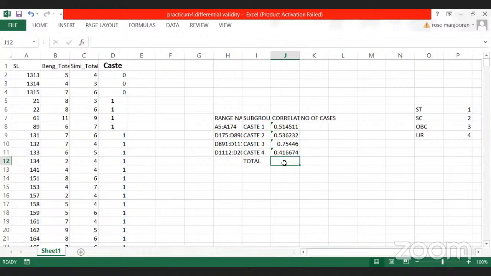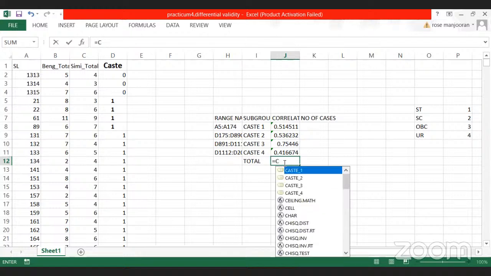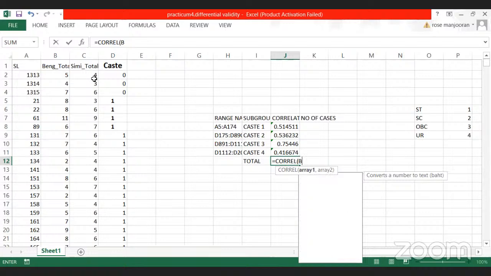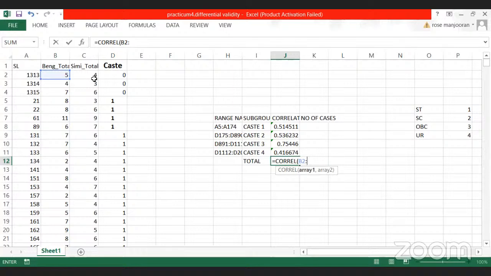So what we are going to do is equal to CORREL, then B2 to B2084, comma, C2 to C2084.